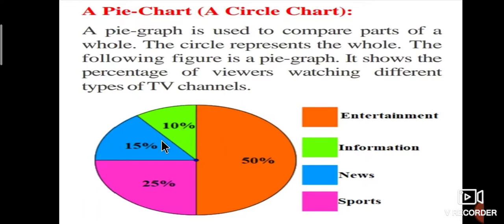For example, 10%, 15%, 25%, and 50%: entertainment, information, news, and sports. 25% is sports, 15% is news, 10% is information, and 50% is entertainment. Like that, we compare parts of the whole, represented in a pie chart.